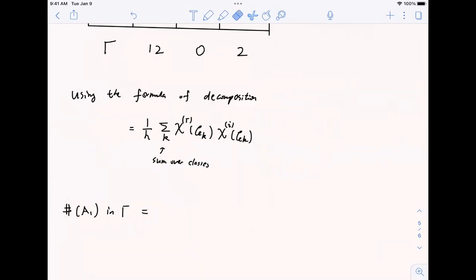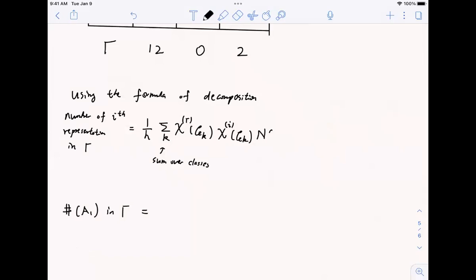I should write it: the number of chi i, not chi i, is the number of i representation in gamma.